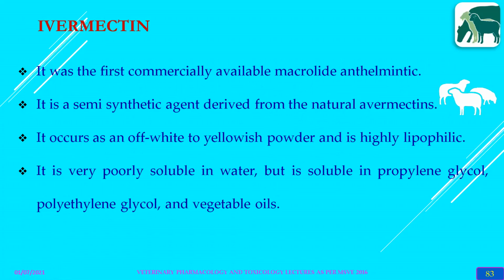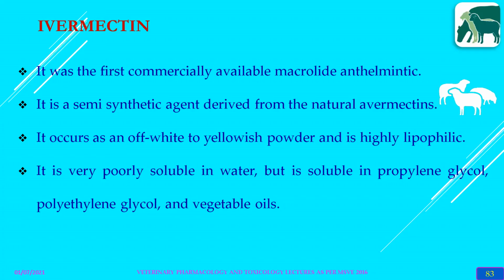Ivermectin is the first agent obtained from the Streptomyces species, a macrolide anthelmintic, and it's a semi-synthetic agent derived from the natural avermectins, and it occurs as a white to yellowish powder and is highly lipophilic in nature. So it is very poorly soluble in water, but is soluble in propylene glycol or other vegetable oils.